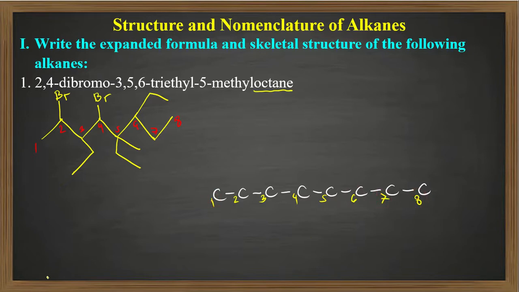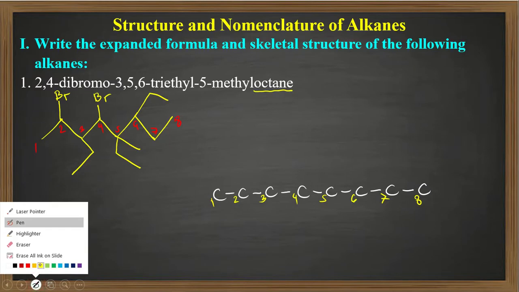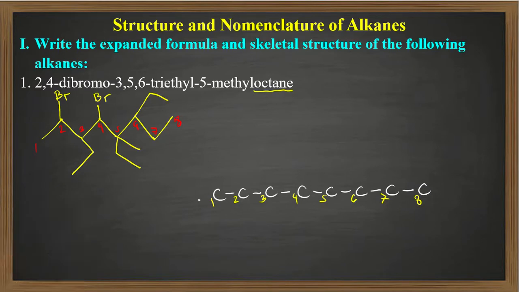So, let's assign muna yung substituents natin ng mga carbon at saka yung bromine. Meron tayong bromine in carbon number 2. At saka in carbon number 4. And then, meron tayong ethyl in carbon number 3. Another ethyl in carbon number 5. And then another ethyl in carbon number 6.